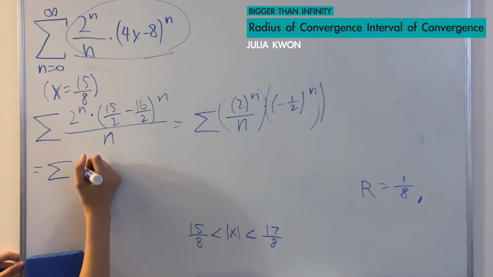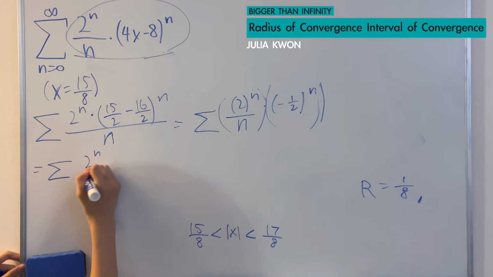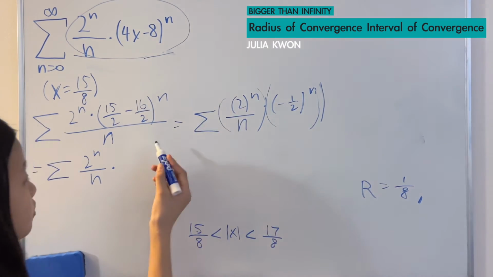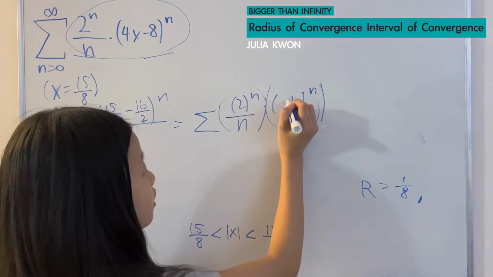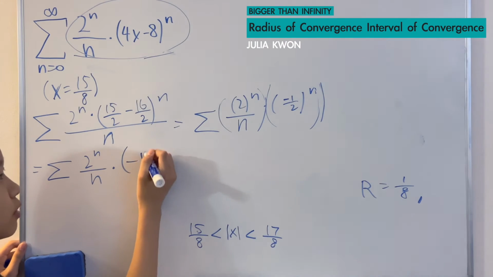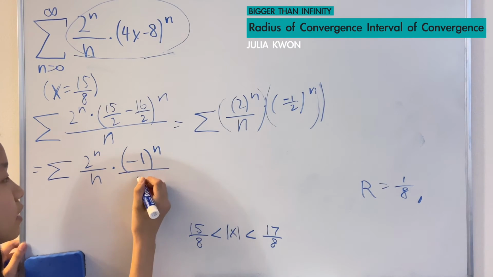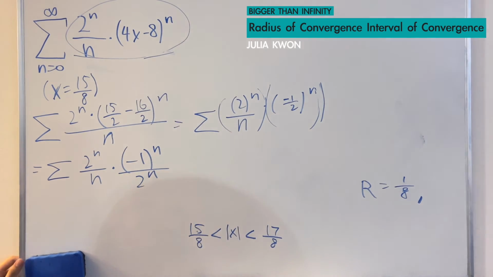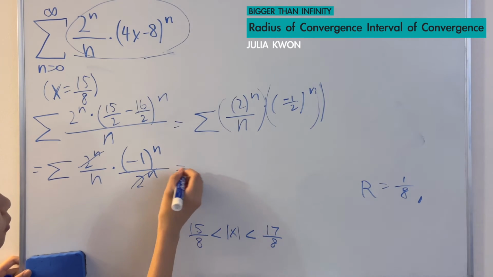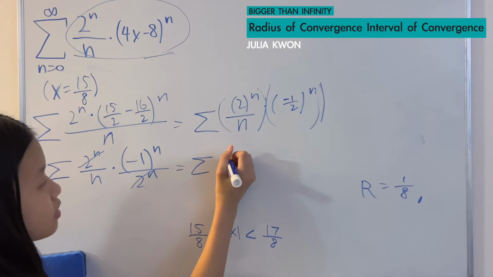That is equal to 2 to the power of n divided by n times, let's put the negative on the top in front of the 1, negative 1 to the power of n divided by 2 to the power of n. We can cancel out the 2 to the power of n's, and what we'll get is an alternating series.